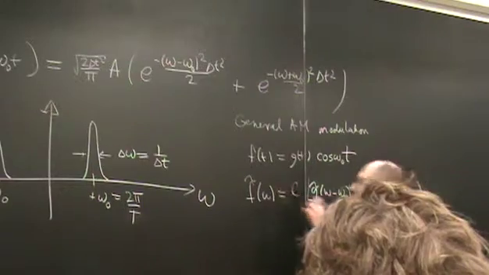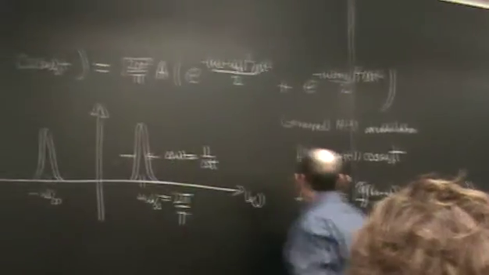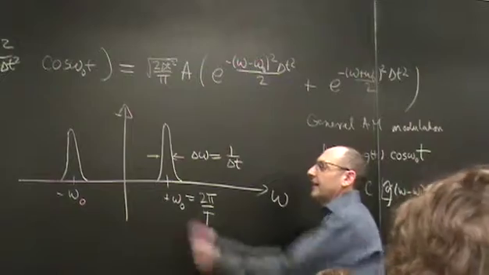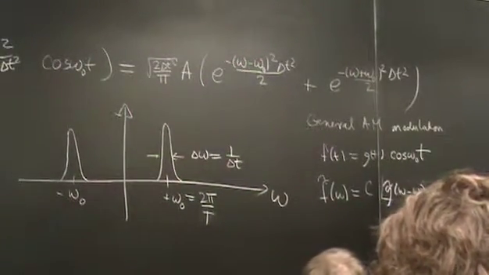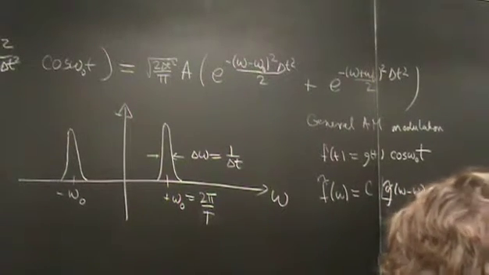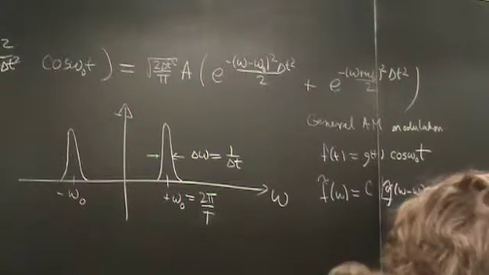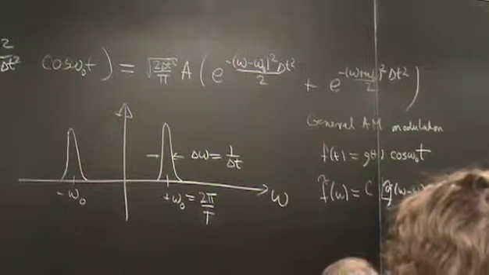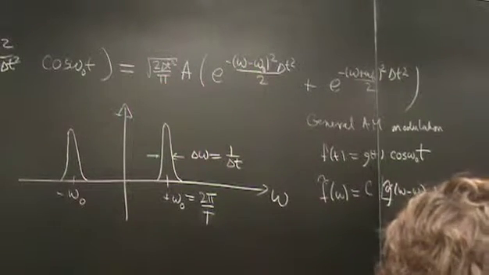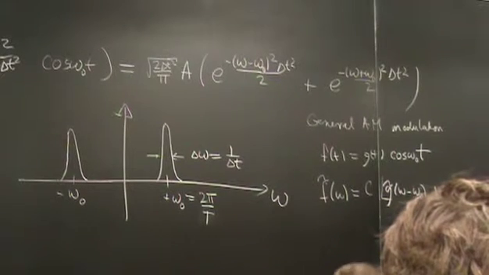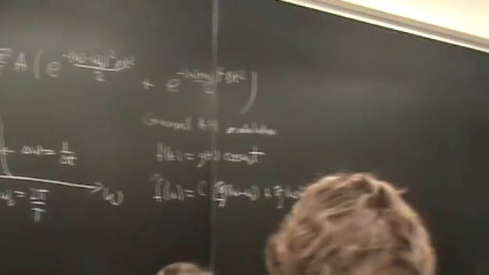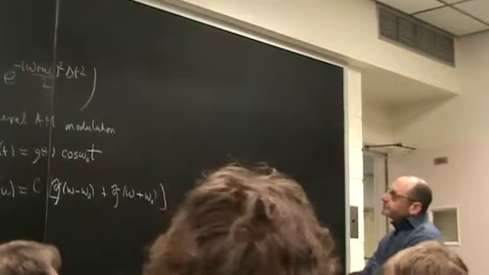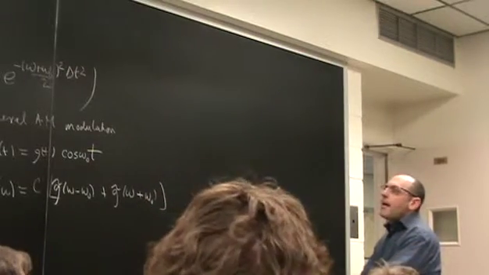So right here we had g tilde a Gaussian, one centered at plus omega naught and another centered at minus omega naught. All right? Okay. So, I hope most of this is pretty darn familiar to you, but again, I would review it if it's not. We can discuss it more.